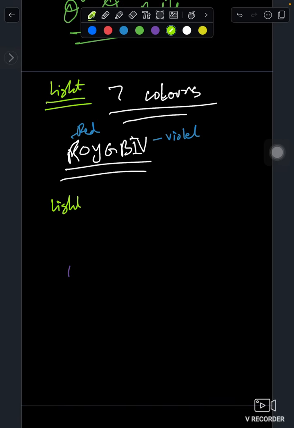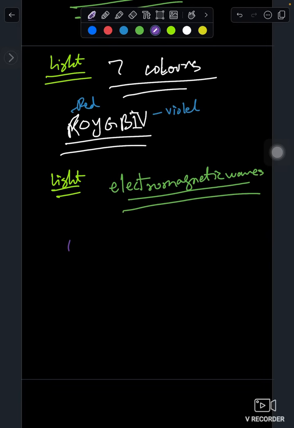Light is actually electromagnetic waves. What is it? Electromagnetic waves.